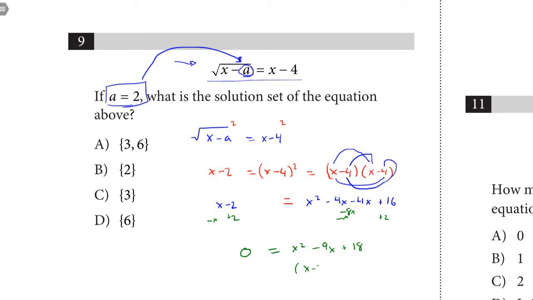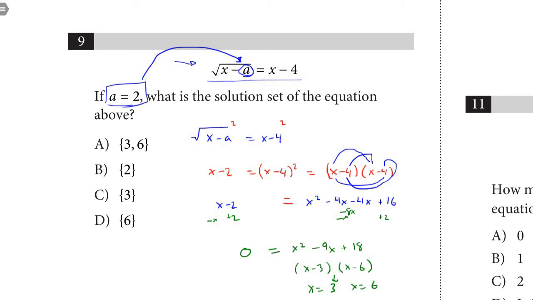You can do x minus 3 and x minus 6. Okay, so let's see what we can do from there, right? Because again, negative 3 plus negative 6 gives us negative 9, and negative 3 times negative 6 gives us positive 18. Now, this will tell us that one x value could be 3, and the other could be 6.